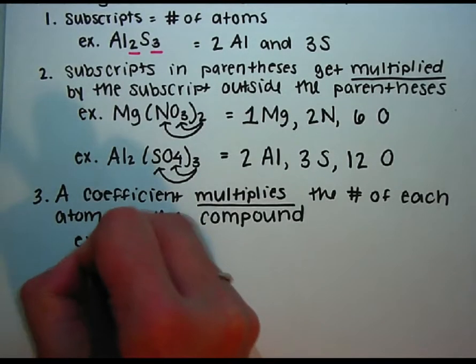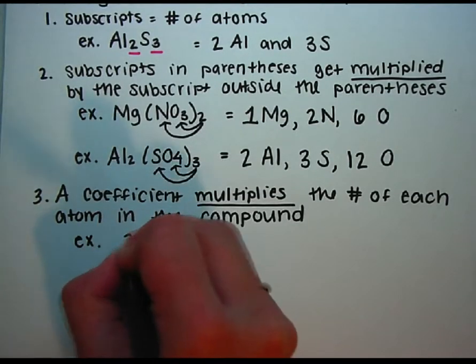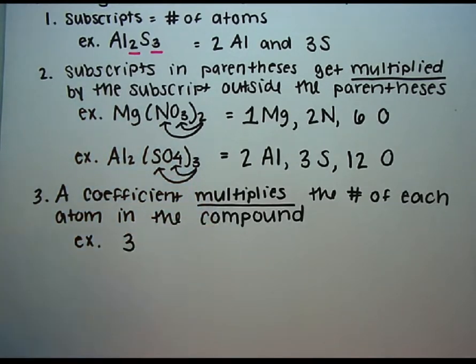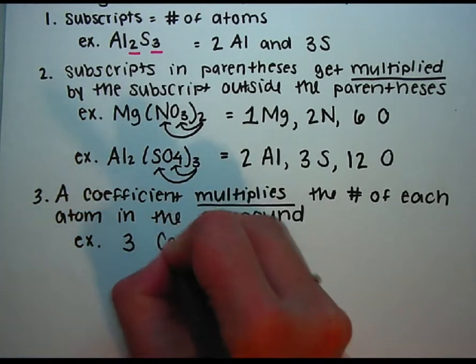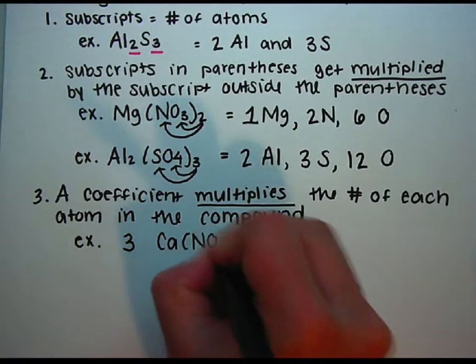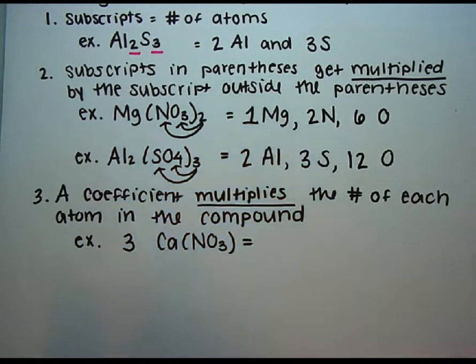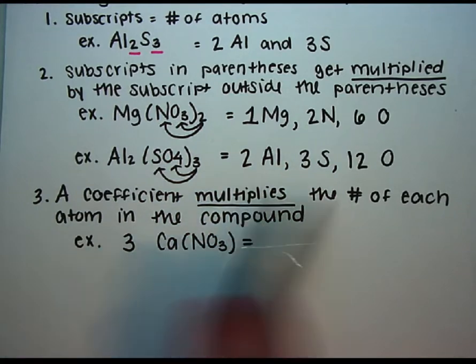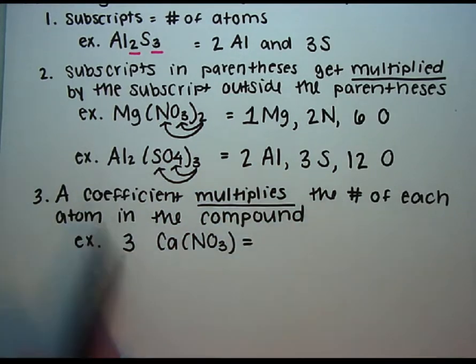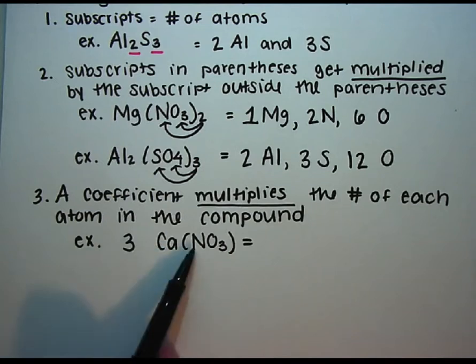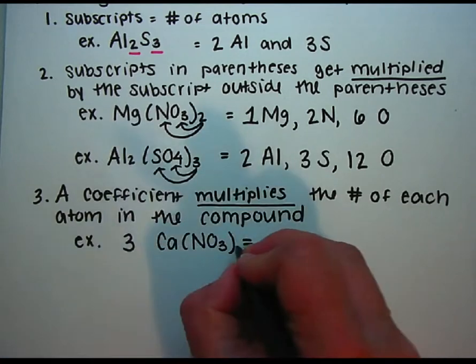So let's say we had a coefficient of 3 before calcium nitrate. This number multiplies the number of each atom, so it would go to calcium, nitrogen, and oxygen.